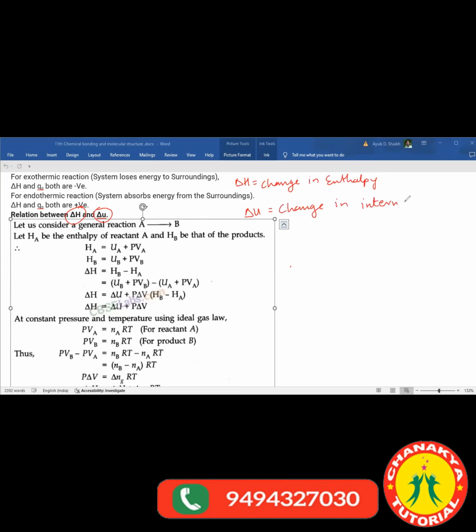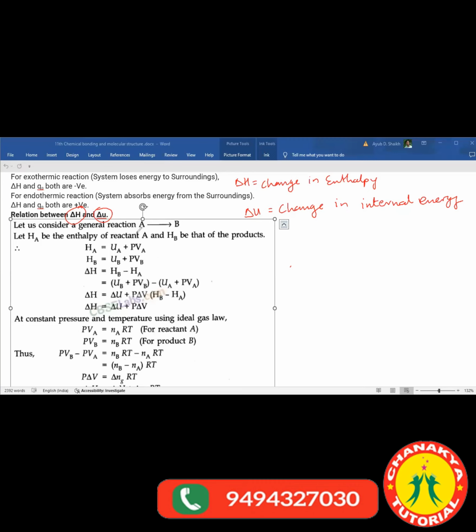These terms you should know. If you don't know these terms, you won't understand what delta H and delta U are, and everything would be bouncing over the head. And it should not be happening. So the basic terms, their meaning, representation and notation, you need to keep in your mind. Wherever you cannot, you can note it down somewhere. Right?